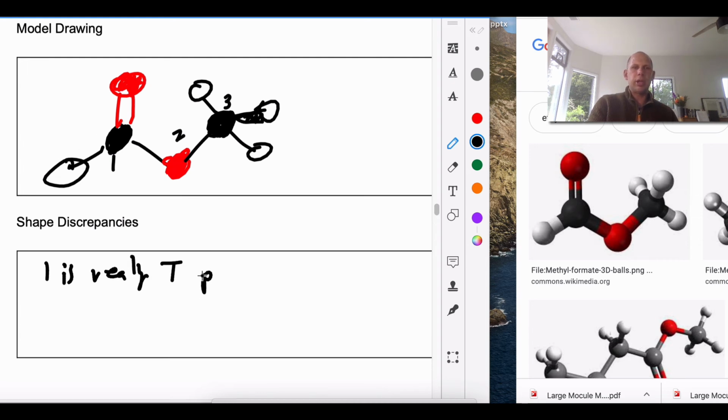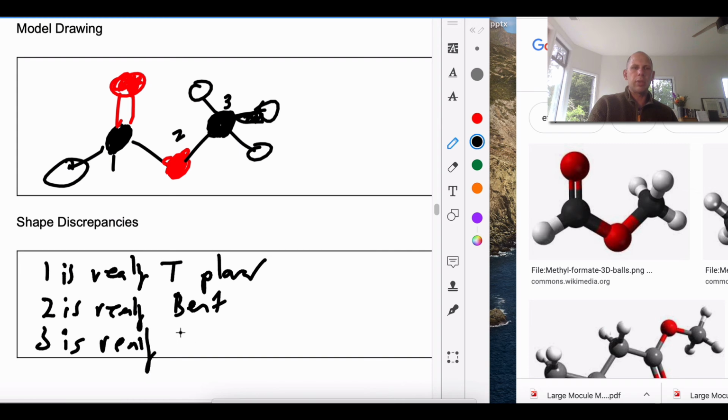That's really T-planar. 2 is really bent. And 3 is really tetrahedral.